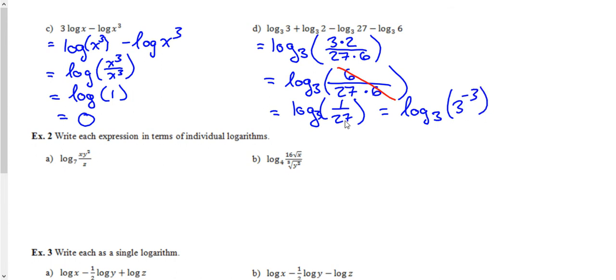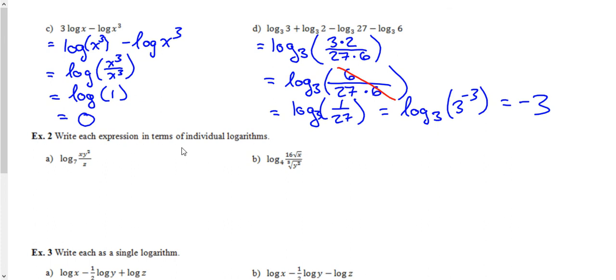So I reciprocated that 27 and I rewrote it in base 3. And this answer here, log base 3 of 3 with an exponent of negative 3, is just equal to negative 3. And again, this is a special case that we talked about the other day.